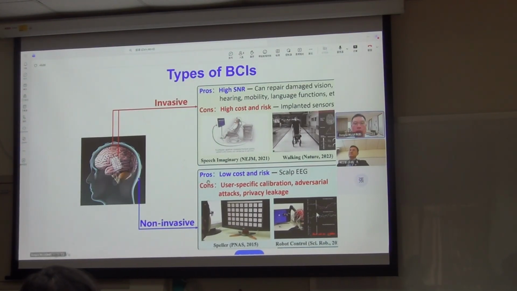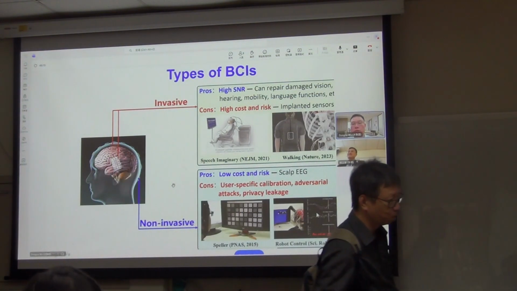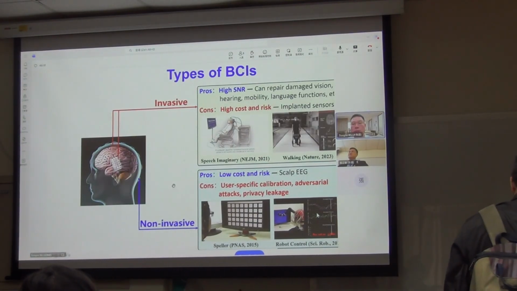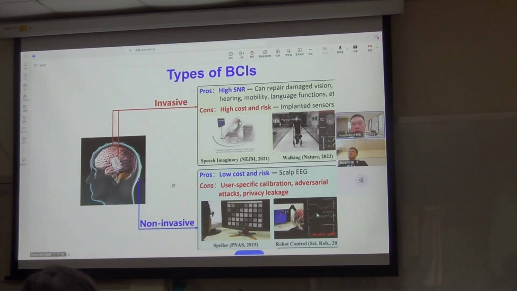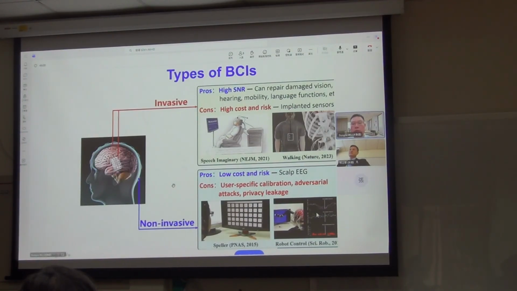The second type of BCI is non-invasive BCI. Its main advantages include low cost and low risk, because we only need to place EEG sensors on the scalp of the human brain to collect non-invasive brain signals. It does not input any signal into our brain, and we do not need any surgery at all, so it is completely safe.